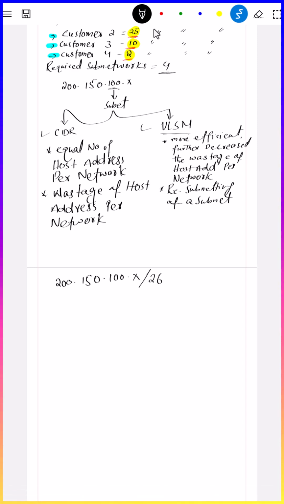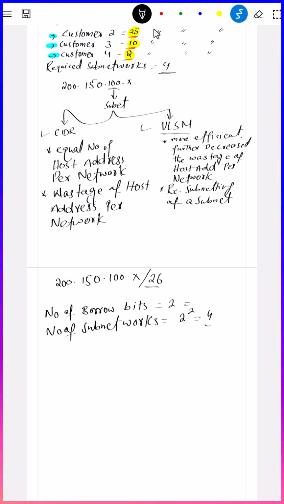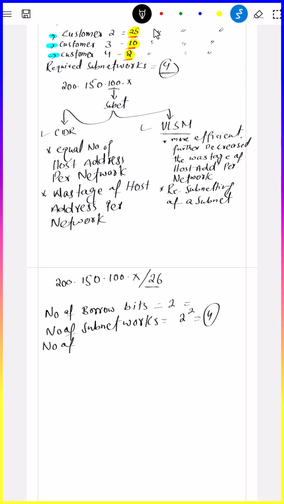Why 26? Because in 26 we borrow how many bits? Number of borrowed bits is equal to 2. So how many subnetworks will be given? Number of subnetworks is equal to 2 to the power 2, which is 4. So 4 subnetworks will be available, and my requirement is also 4 subnetworks. What will be the number of hosts per subnetwork? 2 power 6.